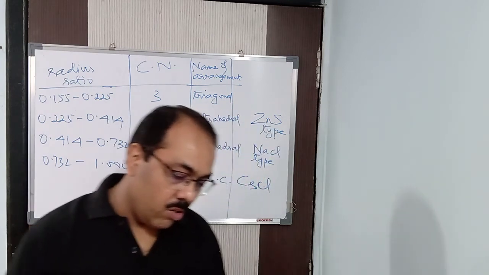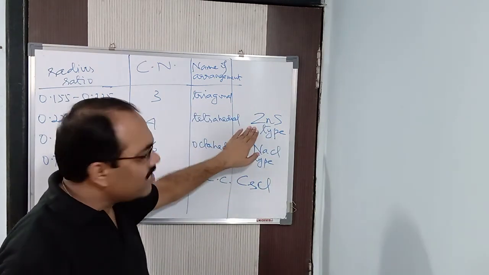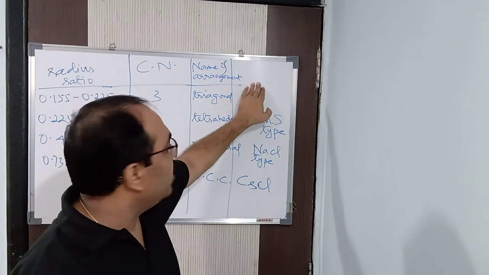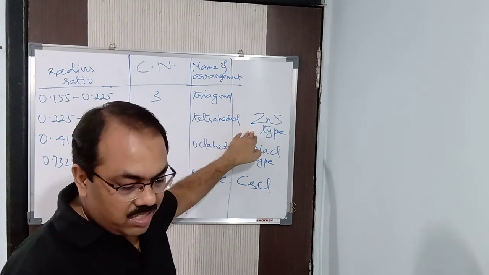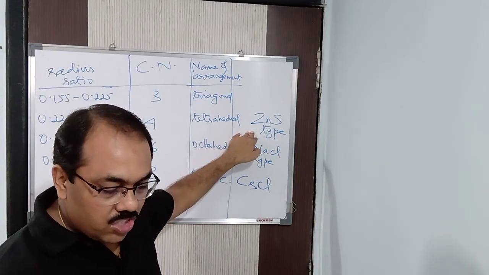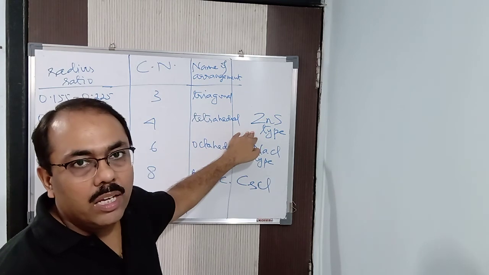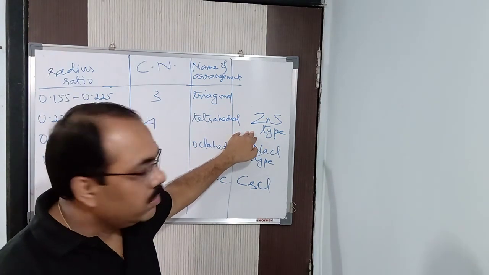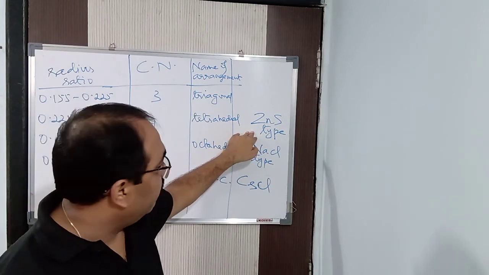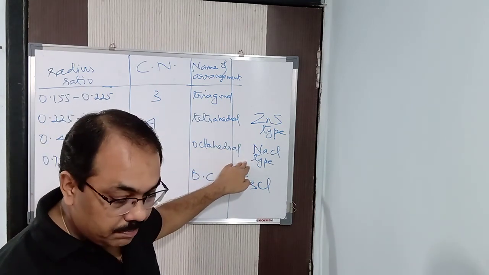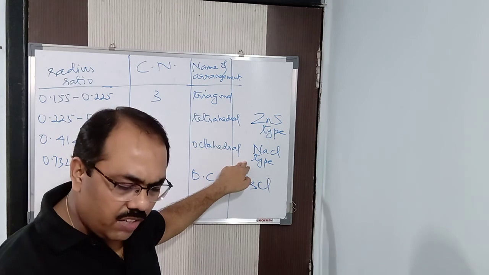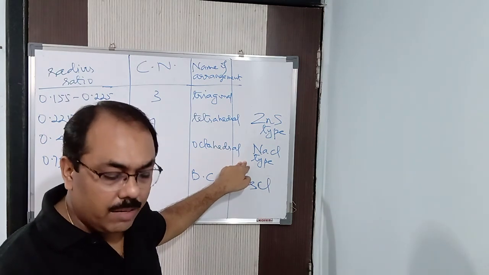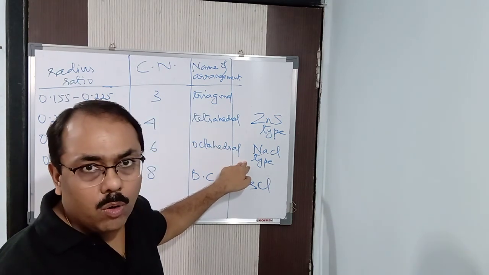What are the other examples in ZnS type? One I said was B2O3, boron oxide. Others are CuCl, CuBr, CuI, copper halides generally, and HgS, barium sulfide. In NaCl type, we can get NaBr, KBr, MgO, MnO, CaO, CaS.